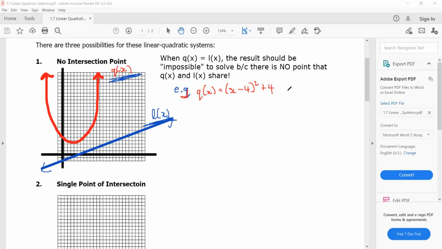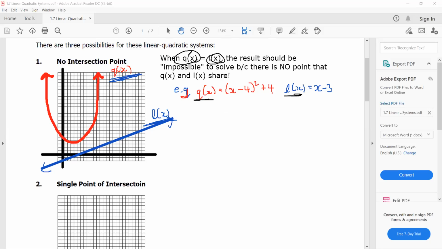And my linear, L of x, I'm going to say it's just a slope of 1 just to make my life easier, but the y-intercept looks like a 3 maybe. Bam. So my question again is, when are q of x and L of x going to occupy the same space in this grid?